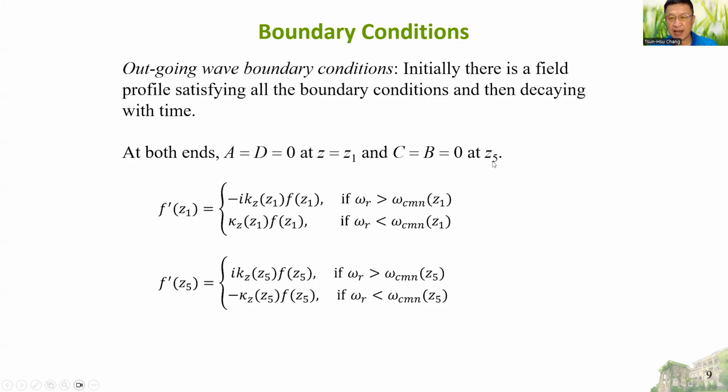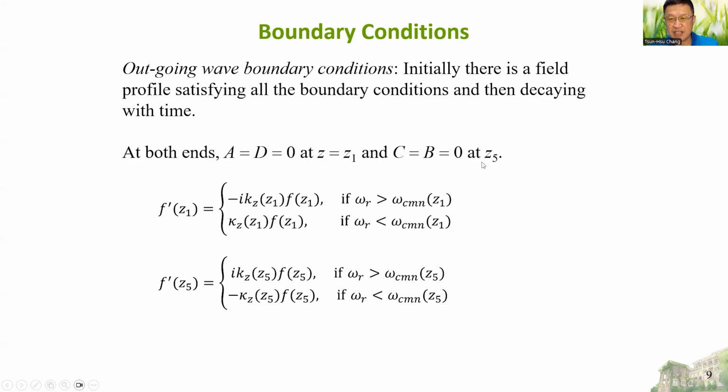And on the other hand, at z5, C and B should be 0. Above cutoff, we use B. No incident, no incoming wave.